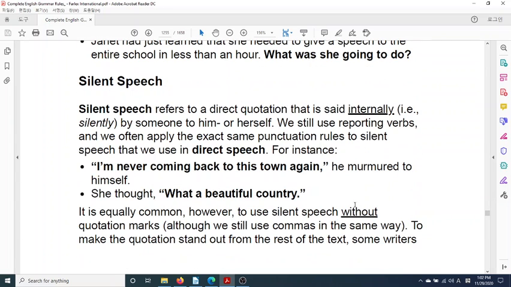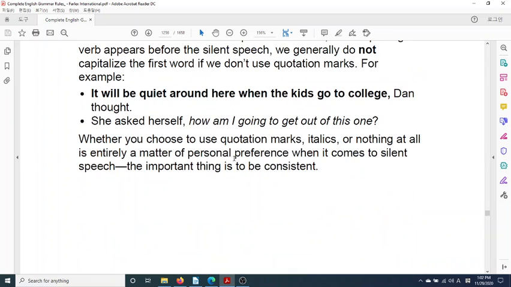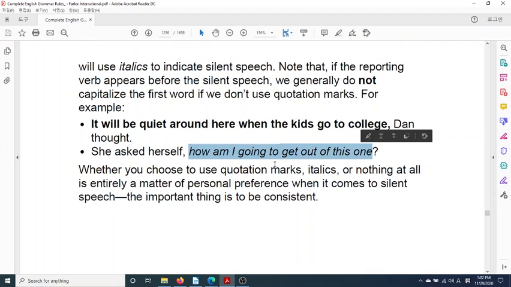Because when you look at this, "I'm never coming back to this town again," he murmured to himself, it's not until you read the second part that you know that he didn't say it out loud for other people to hear. But by doing it like this with italics, it's easier for the reader to know immediately that it's not something the character said out loud.